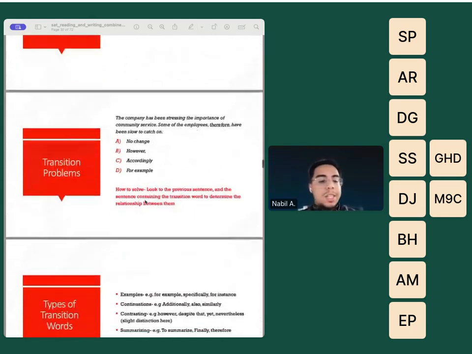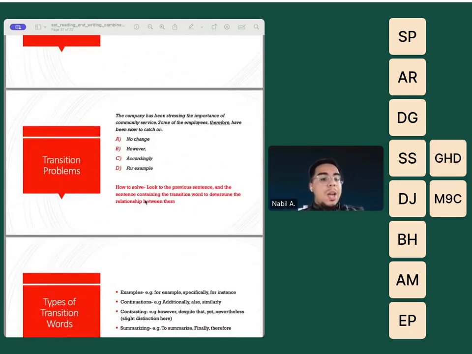Well, they're really just testing your ability to see what the flow of ideas is, and what the proper transition is between usually two or three sentences. I really want you to implement this strategy for transition questions: identify whether we have a continuing transition or a contrasting transition.